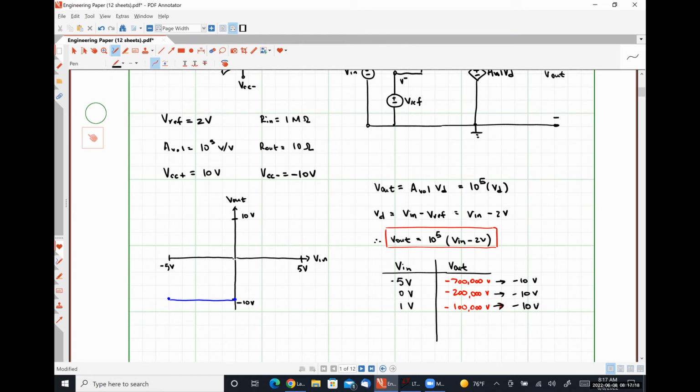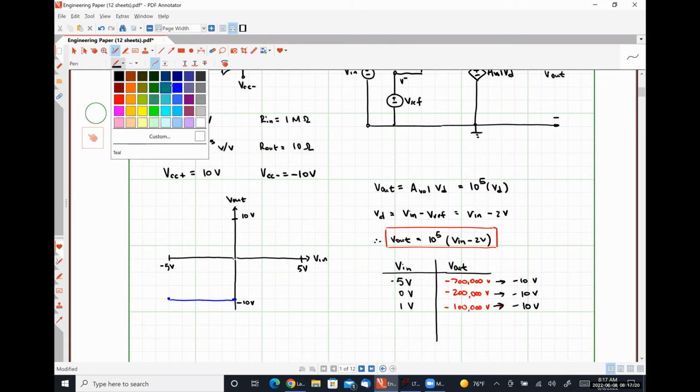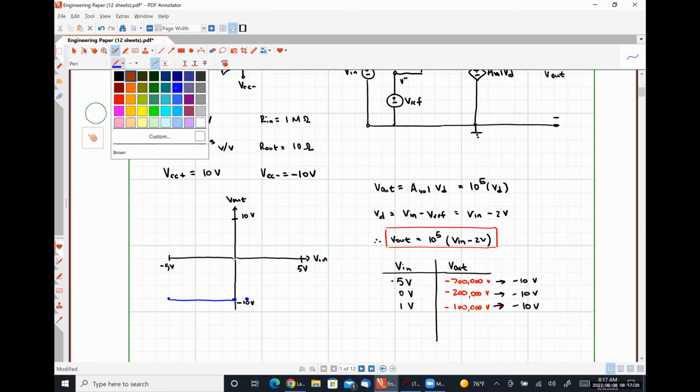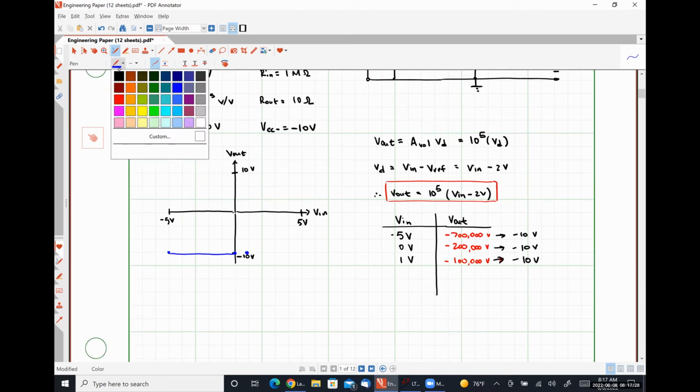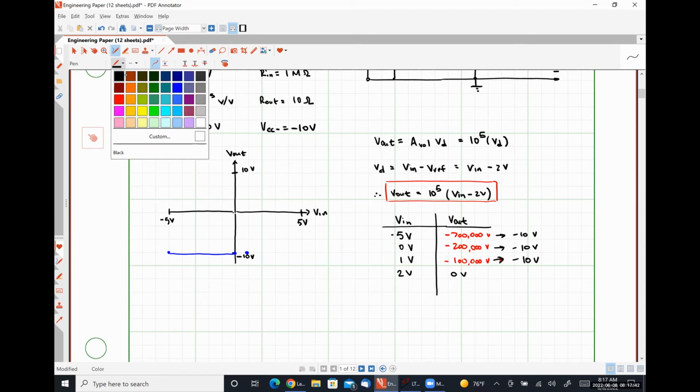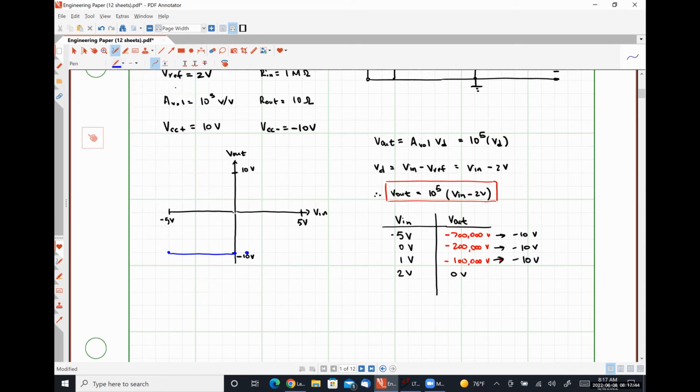So we're still at -10 volts as an output voltage. At 2 volts, we're going to have 10 to the 5 times 0, which is 0 volts. So we aren't saturated anymore because this value is actually between VCC plus and VCC minus.